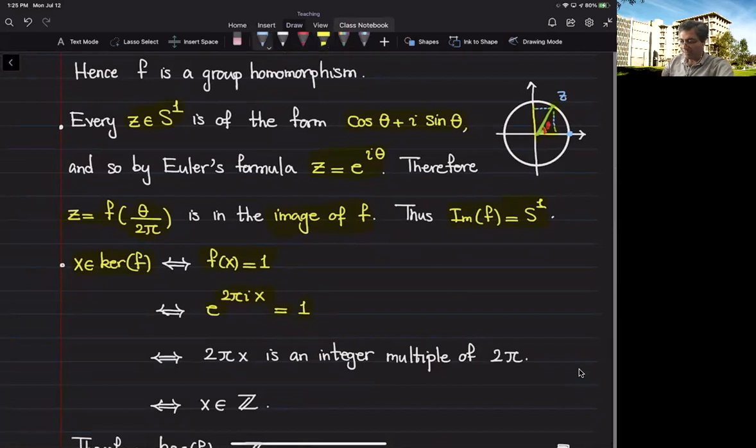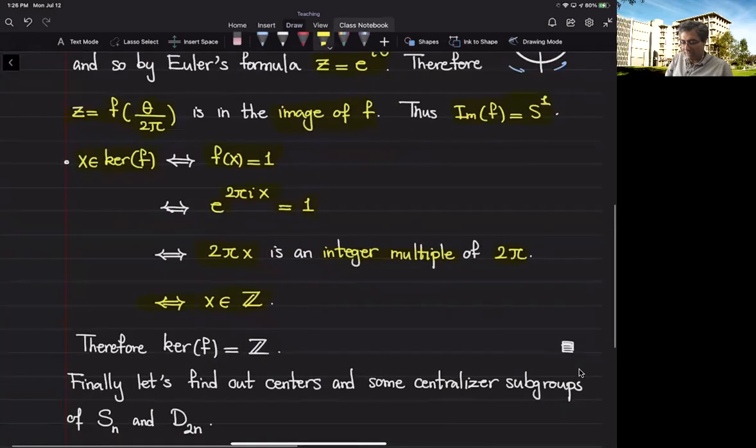I need to end up landing at this point while rotating about this circle, and for every integer multiple of 2 pi, I end up going to 1. So it is 1 if and only if 2 pi x is an integer multiple of 2 pi. But that means x is an integer. So x belongs to the kernel of f precisely when x is an integer. Therefore, the kernel of f is just the set of integers.